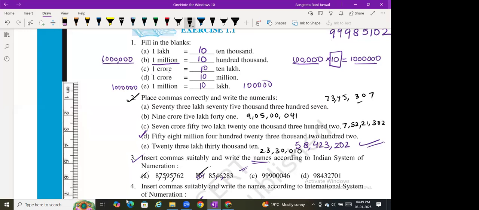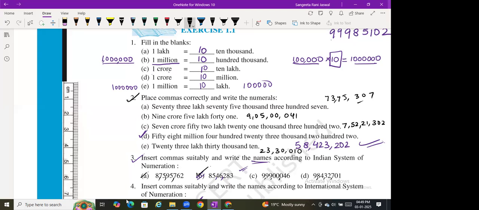Ma'am, 9 crore 84 lakh 32,701. You're saying this one, D bit. Okay, beta. Okay.